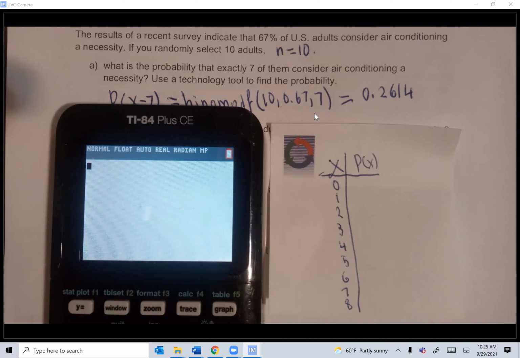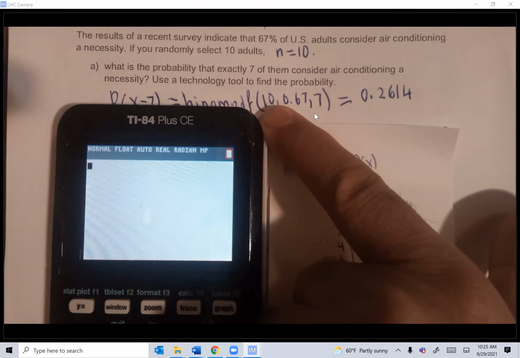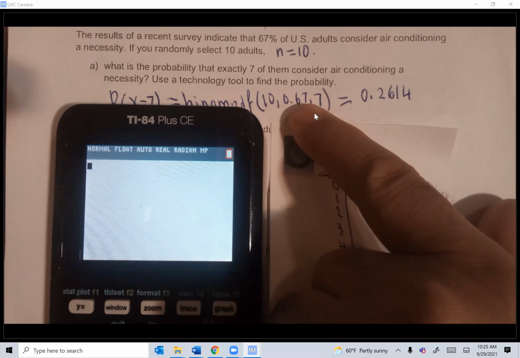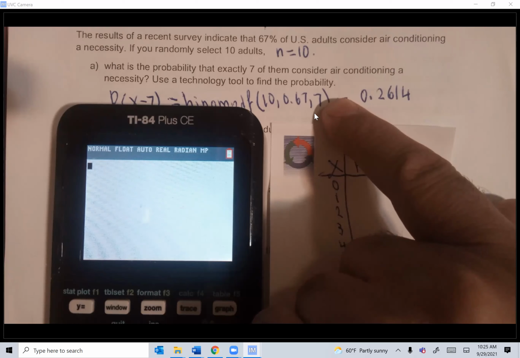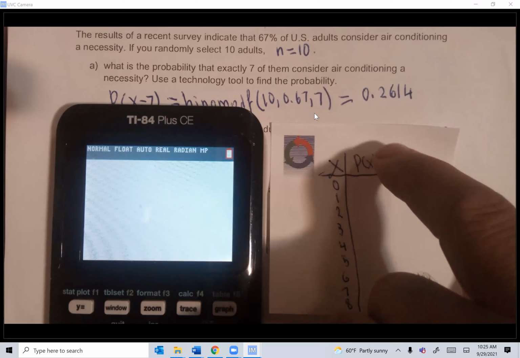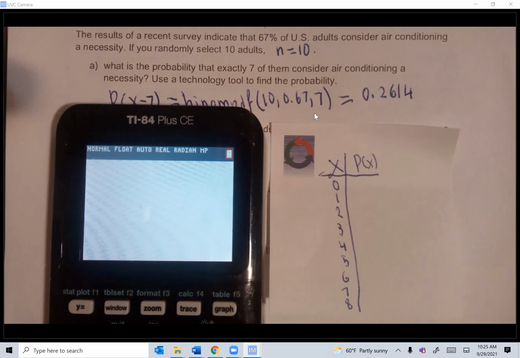The formula requires that you enter the value of n, the value of p, and the value of x. Can you guys think of a way? When I first did it, I just thought of it myself, and I said, let me try this, and it worked. I was able to produce all the answers, guys, in one shot. What would you do? Any ideas?